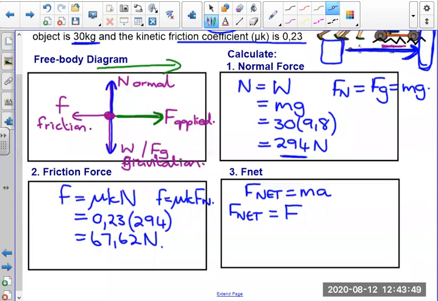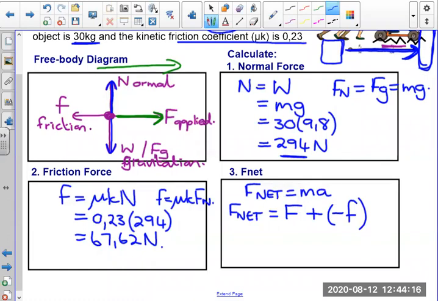F applied, I can indicate by just the capital letter F. And then I can say plus minus friction. They accept it if you put immediately minus friction, because the friction is working against the direction in which the object is moving, so therefore it has a negative sign. So it's the front force minus the back force.